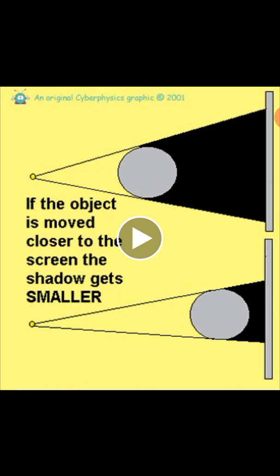So here, as you can see in this image, in the first image, the object is far from the screen. So as you move the object closer to the screen, the shadows get smaller.